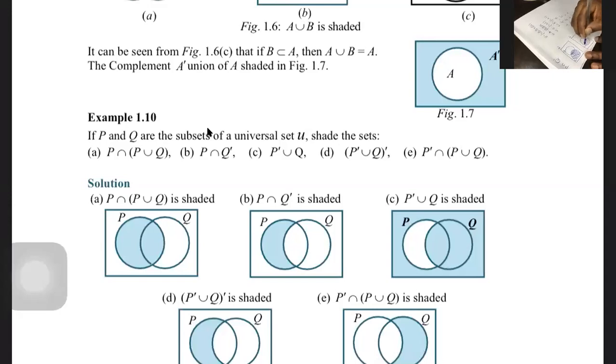I have my P. I have my Q. Now it means that if I have Q, now Q complement, just as I used the A and B to explain here, pick any area that is involved with Q or that has something to do with Q out. The rest that is left is the Q complement.